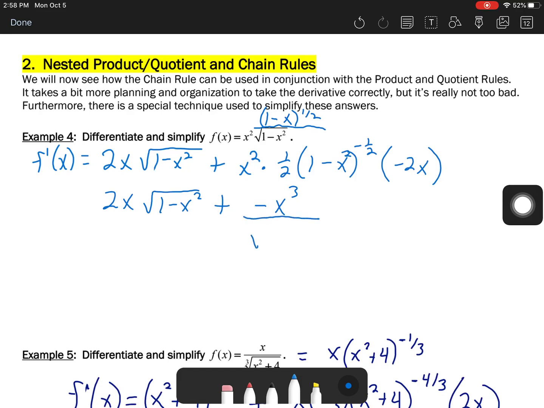Probably put it back into a square root, 1 minus x squared. That's most likely the way you would see this answer. That's what I would think. They'd probably leave it looking something like that. Okay, let's make sure I didn't miss anything here. I think that looks good.